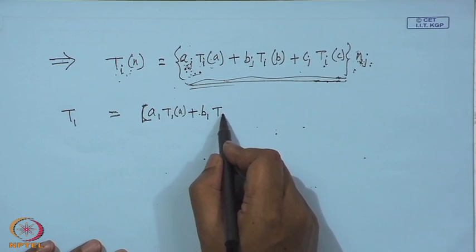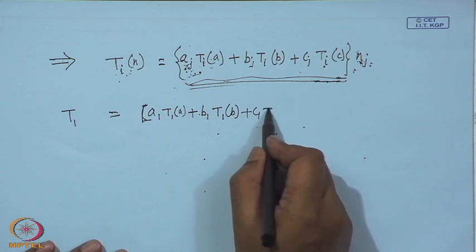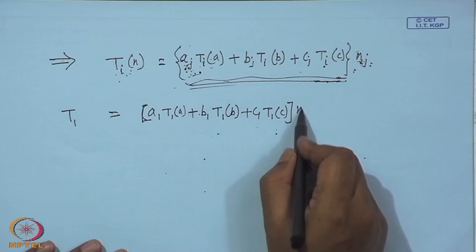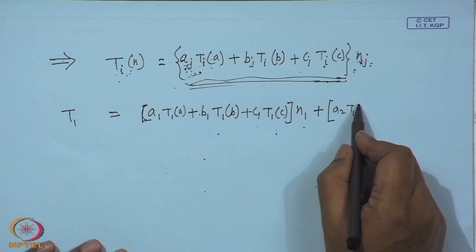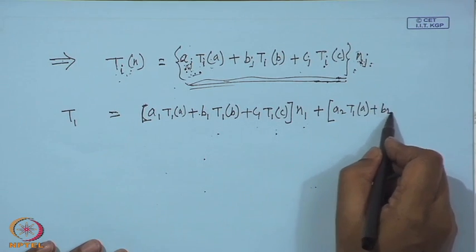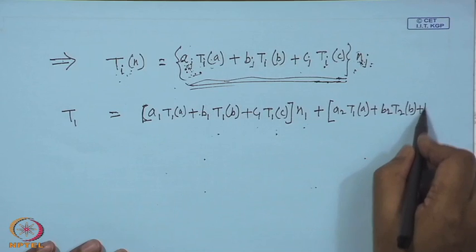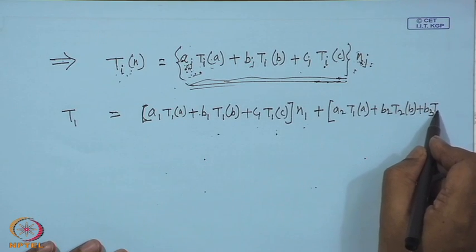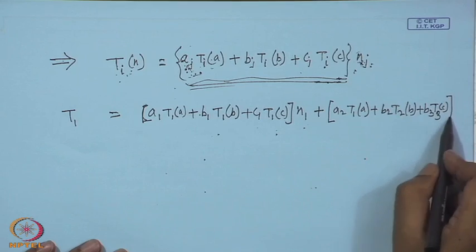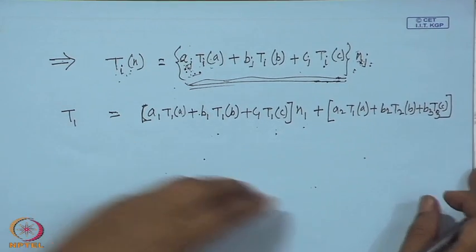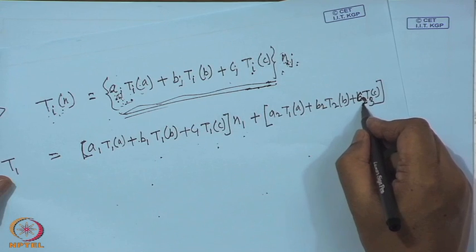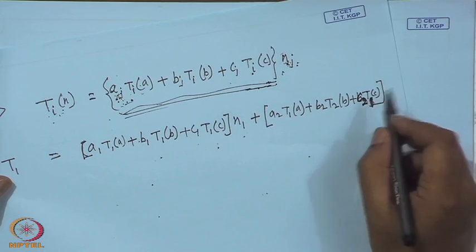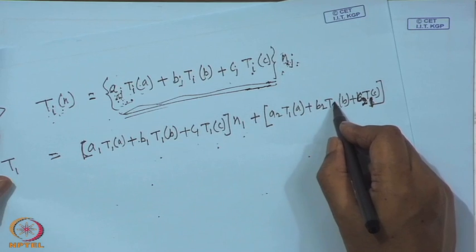B 1 T 1 b, C 1 T 1 c into n 1, plus a 2 T 1 a plus B 2 T 2 b plus B 3 T 3 c into A 2 B 2 C 2, last one is C 2, C 2 T 1 c, B 2 T 1 b, yes, all are T 1.